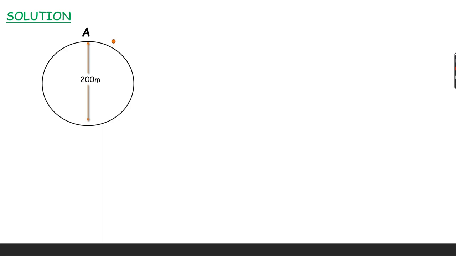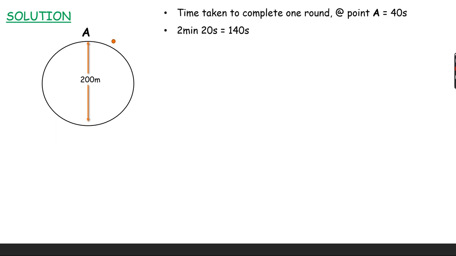I say that my athlete is standing at point A. So this is a circular track and my athlete is at point A. So I know that the time taken for one round takes 40 seconds. So for 2 minutes 20 seconds it will be 140 seconds. So the number of rounds, how do I find what are the number of rounds in 140 seconds?